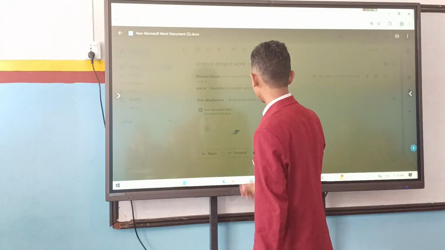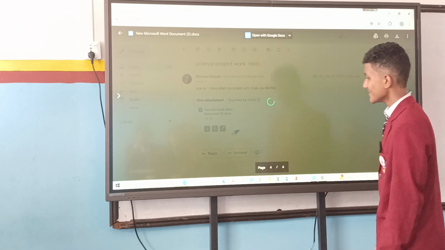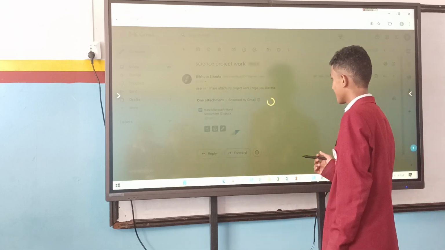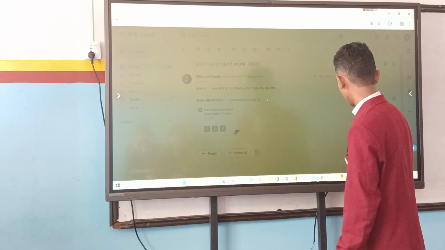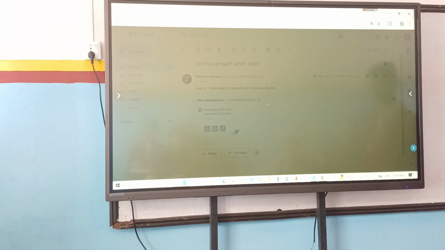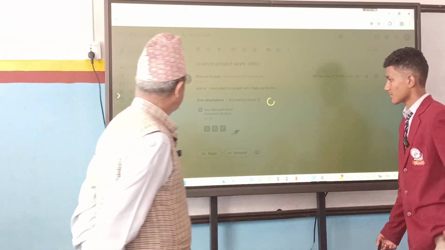You make your own email ID. You don't have your own email ID? You must make one. Understood or not? Please go up on that side and explain. Is it a bit lengthy? It is taking a long time to open.